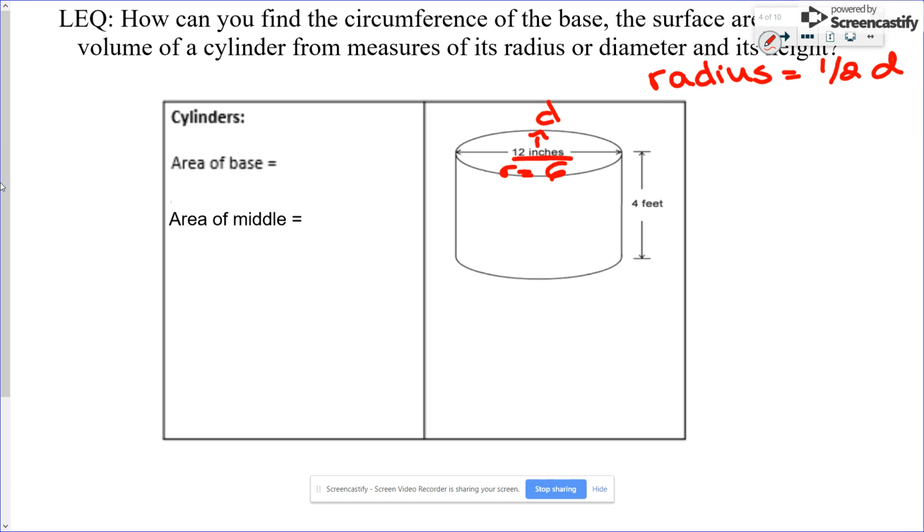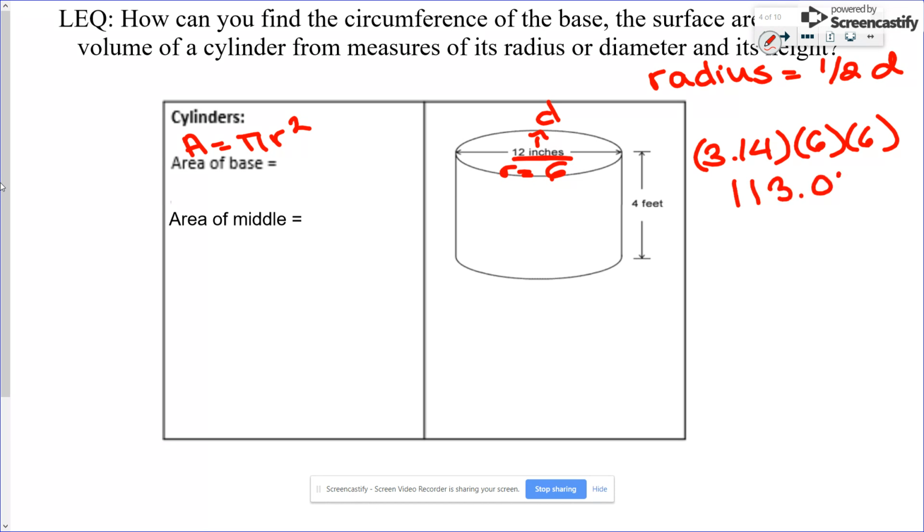Remember, area of the base equals pi r squared. So we're going to take 3.14. And then we're going to do our radius squared, which means we're going to do our radius times our radius, and we get 113.04.